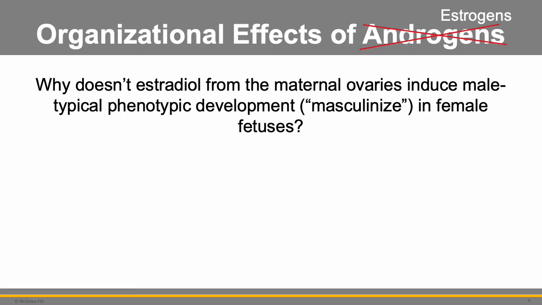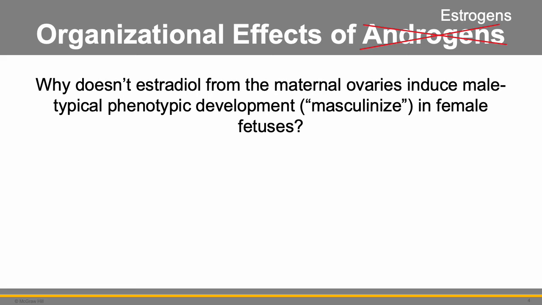All mammals in utero are sharing a blood supply with the female. Among the things that are circulating in the bloodstream from those maternal ovaries is high levels of estradiol.